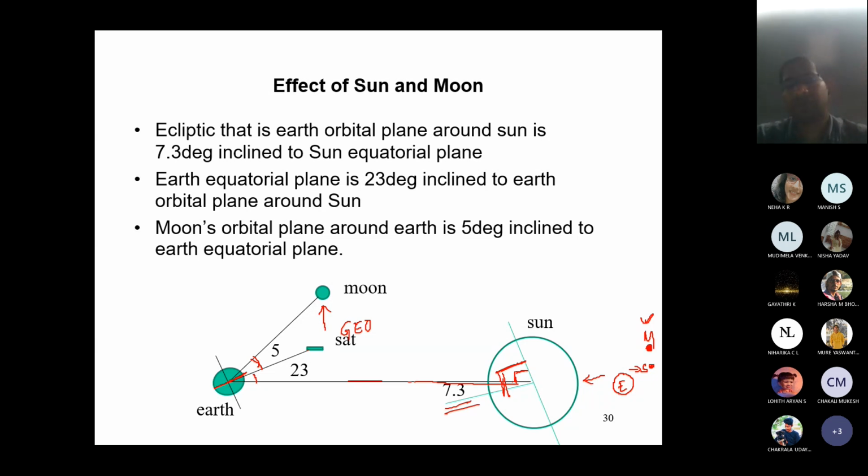That means if you see, one force is acting from the top of the satellite, another force is acting from the bottom of the satellite. Here, the force is only acting from the top of the satellite. There is no force from the bottom of the satellite. So in general, the forces on the satellite are acting in both directions, sometimes in one direction. So what will happen in that case?